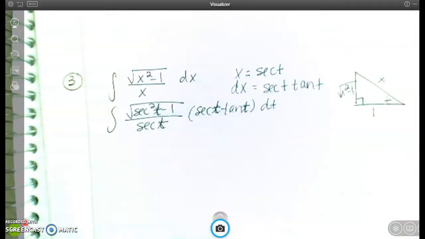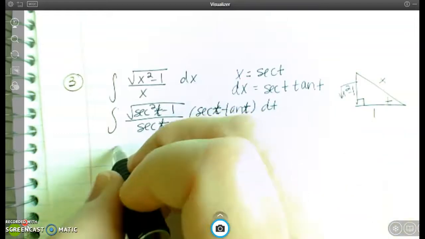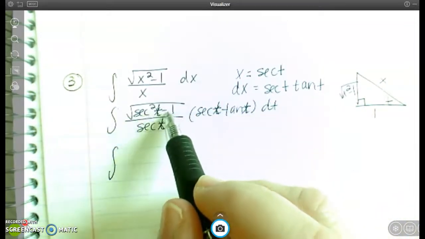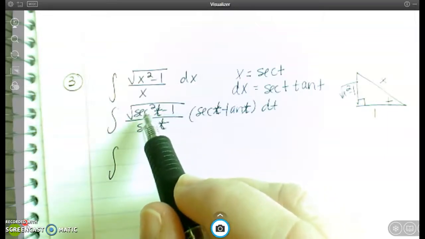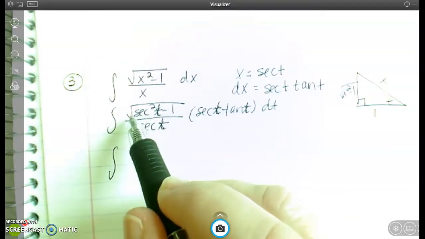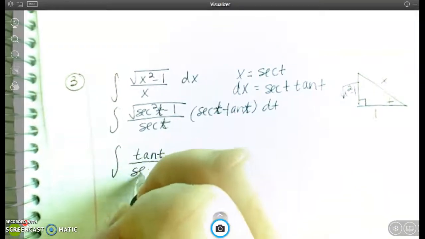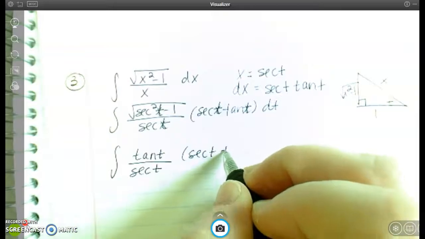We're used to making those x's, so I messed up there, but we're all talking about t's here. So then we have the integral of the square root of secant squared of t minus 1. I know that that's tangent squared of t, but it's a square root, so we have a tangent here. And then we still have our secant, and then secant tangent.